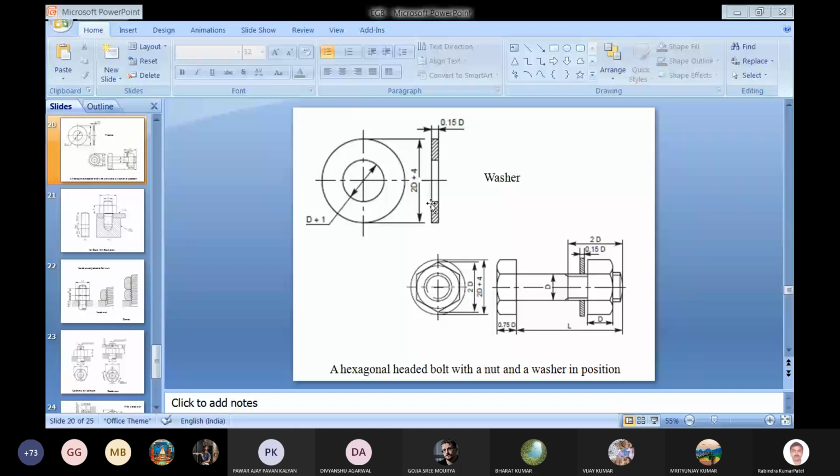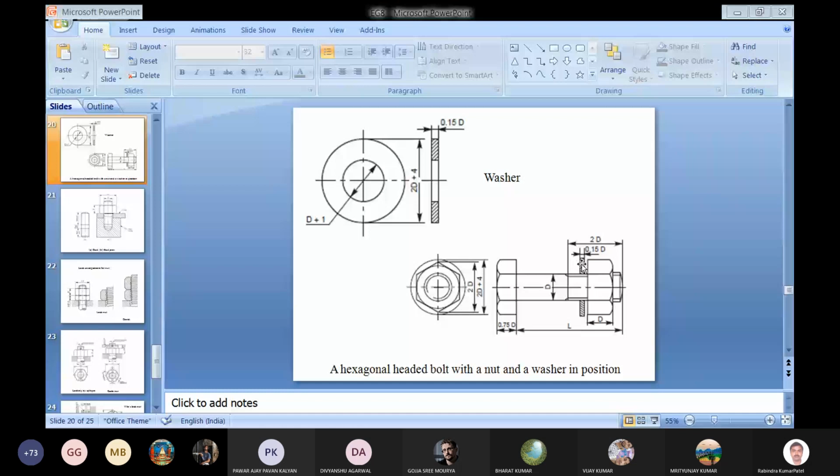The component on which it is attached may be rough, so to provide a smooth base with a smooth surface and uniform distribution of area, we will use the washer. So this is the assembly of nut, bolt, and washer.